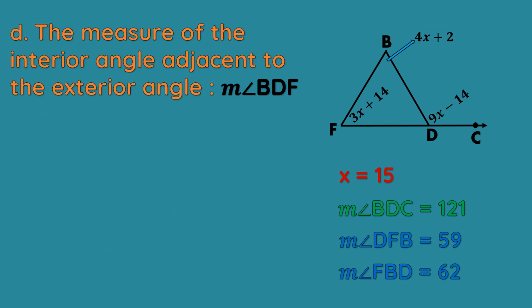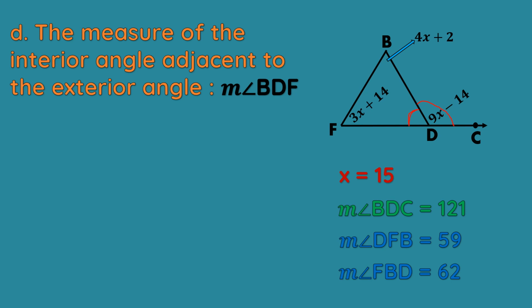We now solve for the measure of the interior angle adjacent to the exterior angle. Based on the figure, the interior angle adjacent to the exterior angle is this angle. We have angle BDF. So angle BDF and angle BDC, which is the exterior angle, form a linear pair. Therefore, they are supplementary. Their sum is equal to 180 degrees.